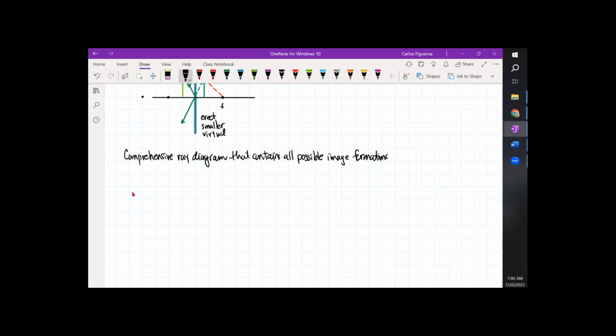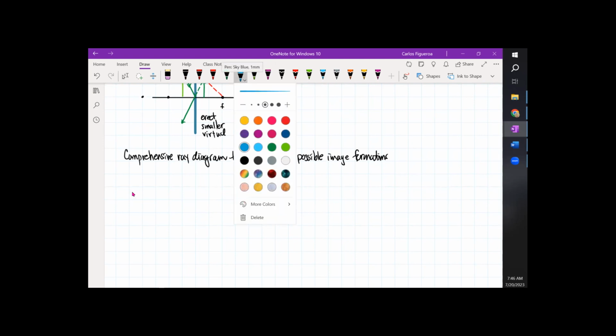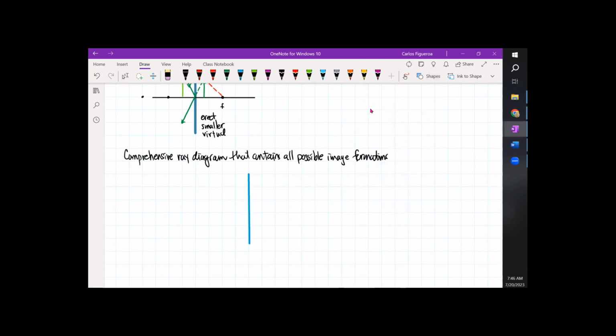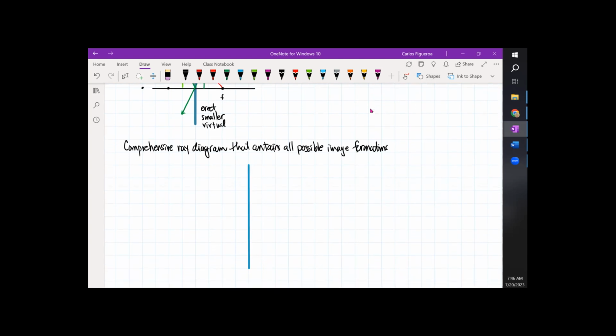So this time I want to draw something longer. So what I'm going to do here, I'm going to make this a thick one. And I want, let's see if I can do this long. Okay.